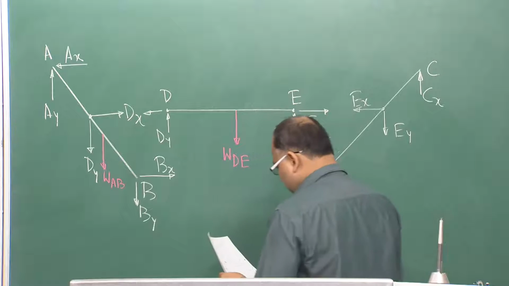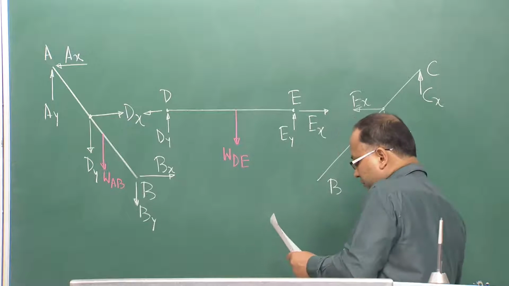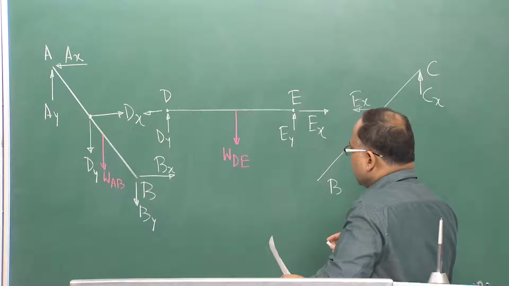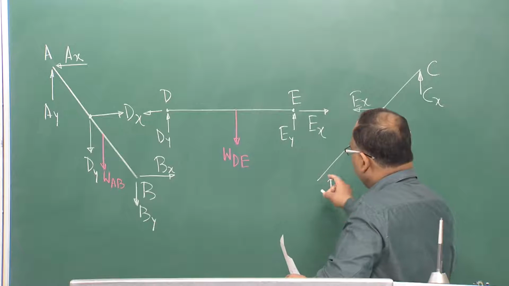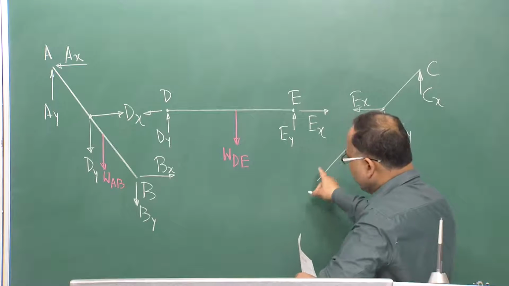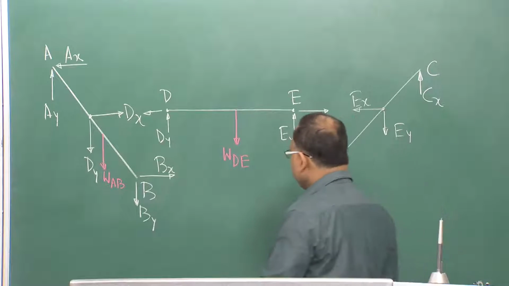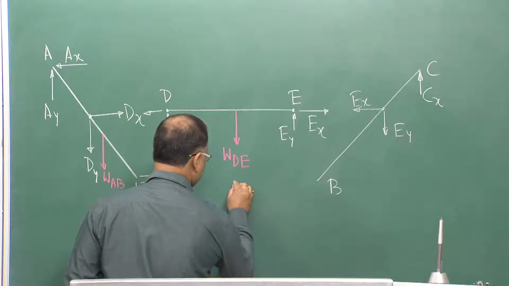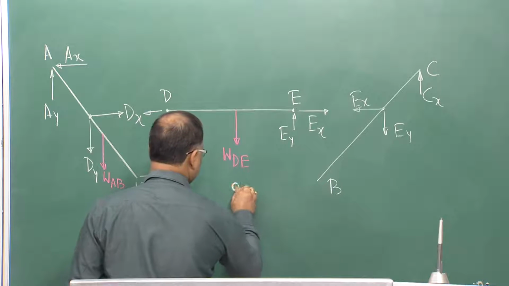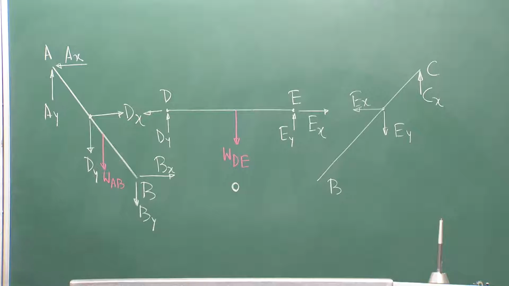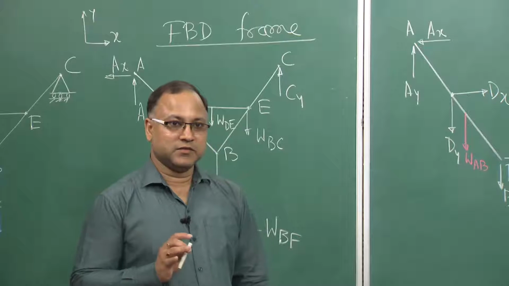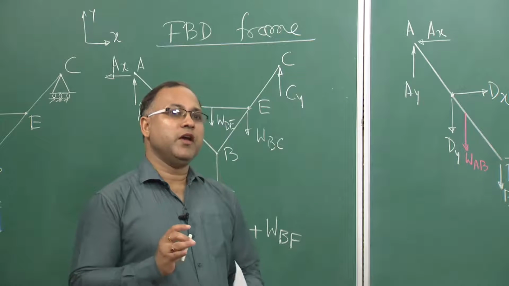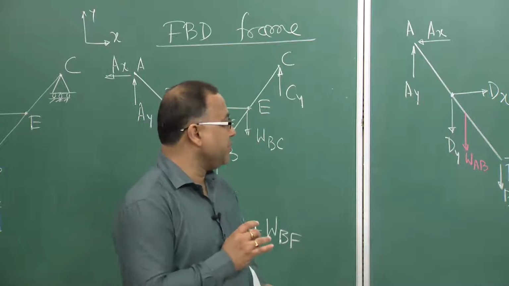Now, coming to Bx. Before going for Bx or By here, we need to show the free body diagram of joint B, because joint B is a common point for both the members, member AB and BC.